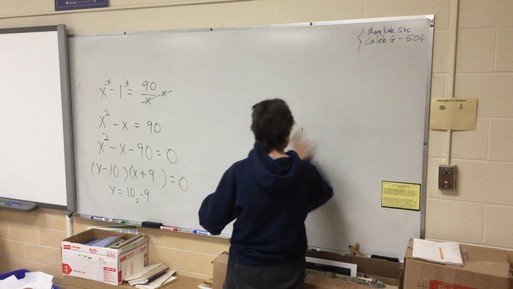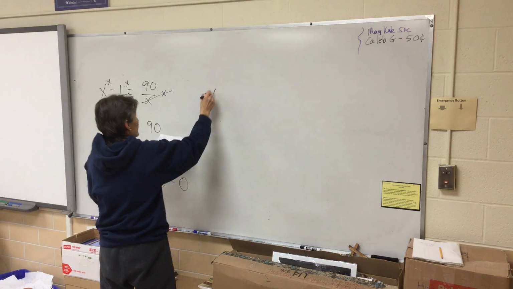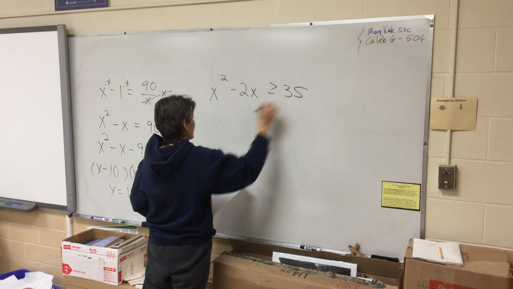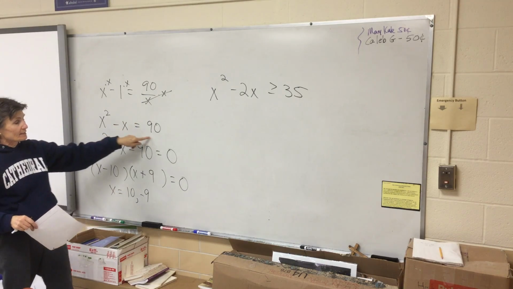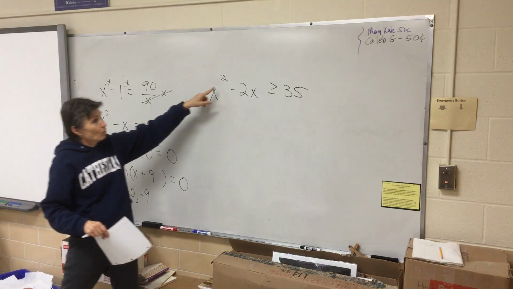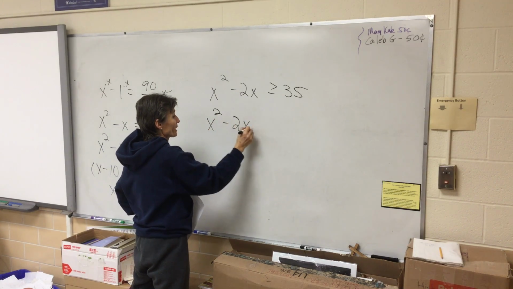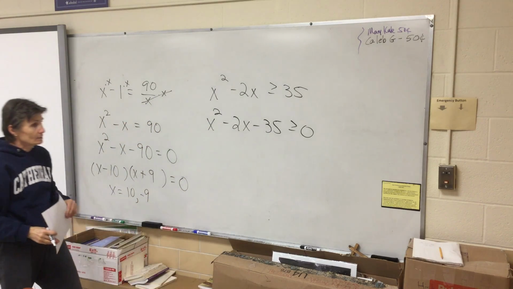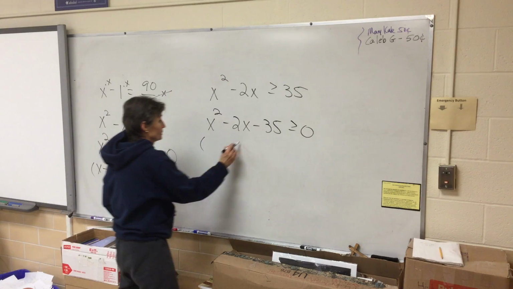And then, last one on this sheet, we've got x squared minus 2x greater than or equal to 35. Well, this one's kind of like this one was right here at this step. You got an x squared, you got to have a 0. So x squared minus 2x minus 35. And now we'll factor it, just like we did this one.